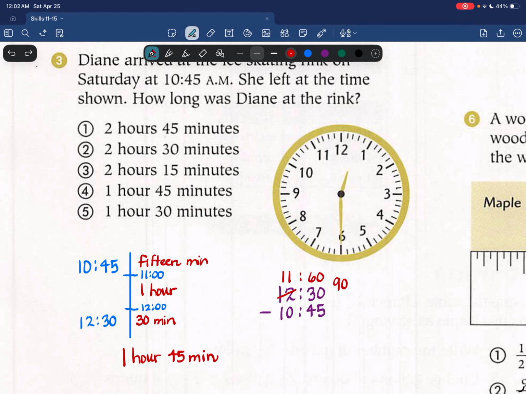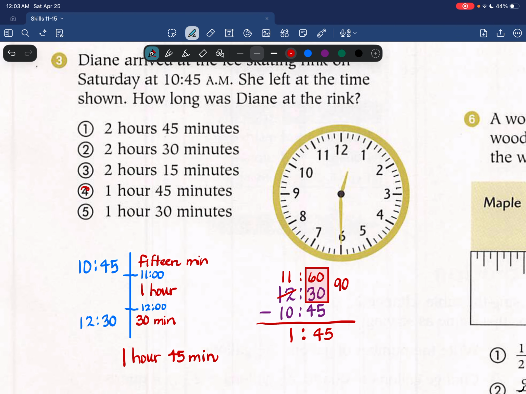Let me make that a little bit more obvious what I'm trying to do here. This is 90 minutes. Then 90 minus 45 is 45. And 11 minus 10 is an hour.